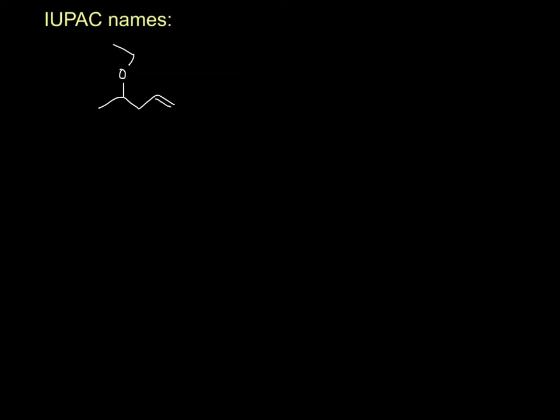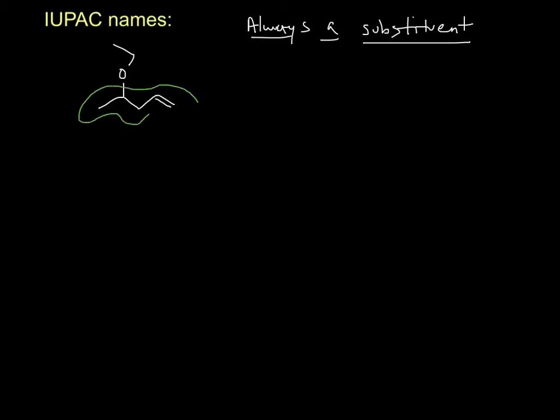Alright, so the way that IUPAC works is that ethers, or at least the ether part of the molecule, is never the main chain. The key to this is it is always a substituent. So the main chain here would be the chain with the alkene on it, and we would just name this group as a substituent.